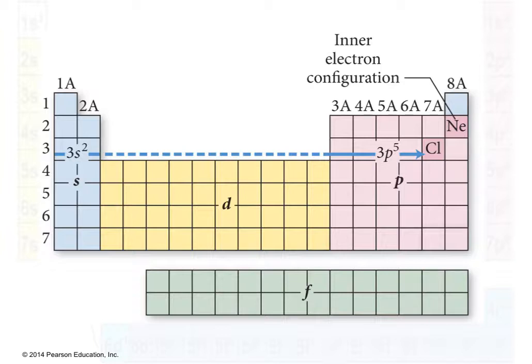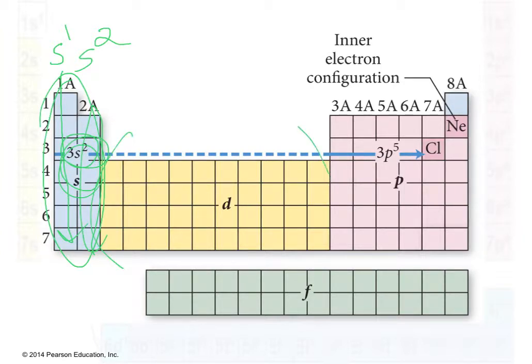So chemists will often refer to group 1A as the s1 group, group 2A as the s2 group, and this whole 1A and 2A can be the s block, and the transition metals are the d block. Okay, so d1, d2, all the way to d10.